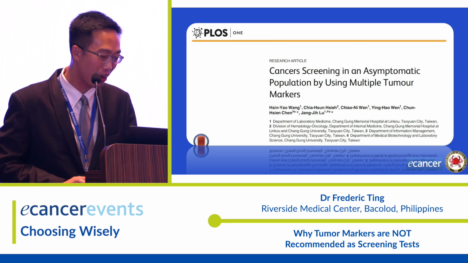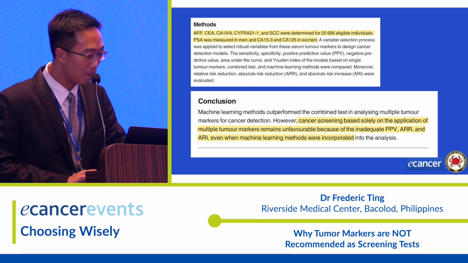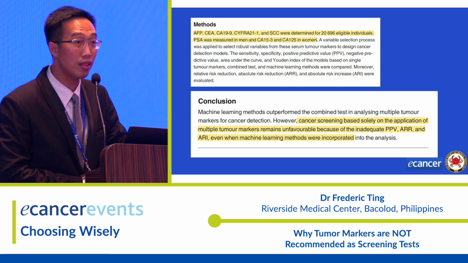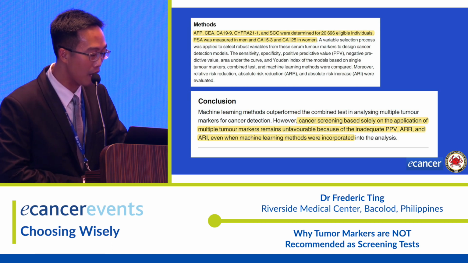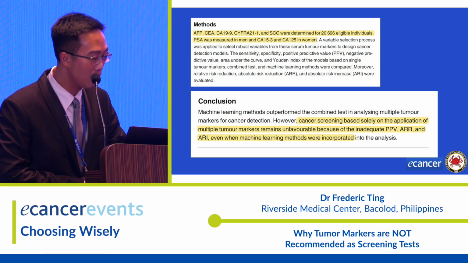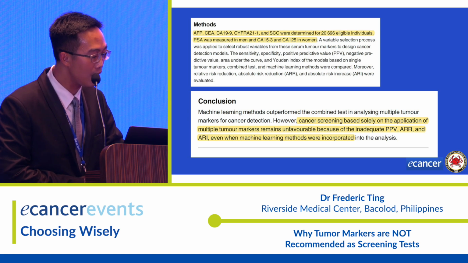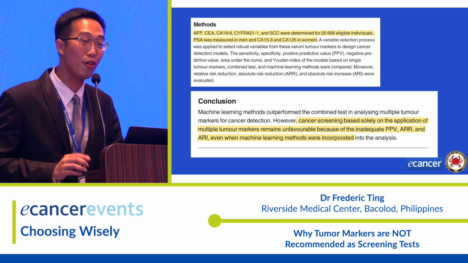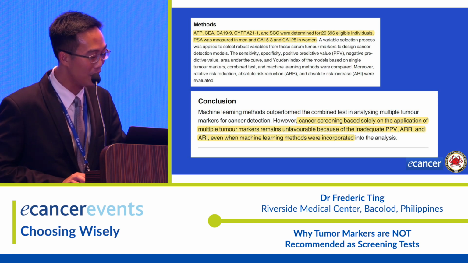So this was actually a very expensive study. And you see here they screened more than 20,000 individuals by AFP, CA19-9, CYFRA 21-1, SCC. PSA was measured in men, and in women, they actually got CA15-3 and CA125.